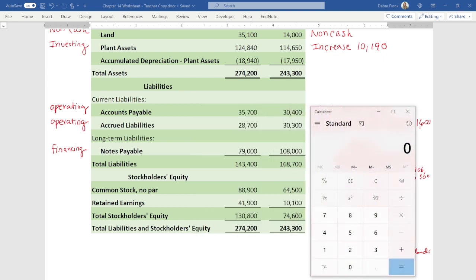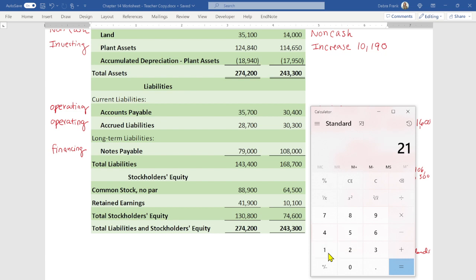So our 108,000 minus the 79,000. We must have paid out 29,000 more to pay off that long-term liability, but we need to remember that there also was 100% finance of land for that 21,100 that we just saw.